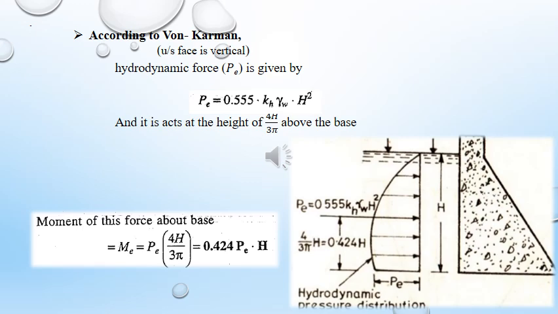Multiplied with the force, this gives the moment above the base: ME is equal to PE into 4h upon 3 pi, which comes out as 0.424 PE into h.